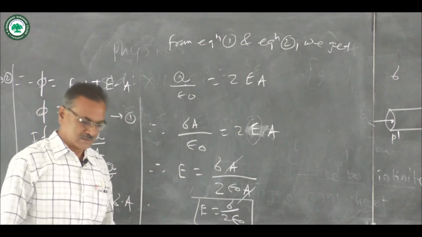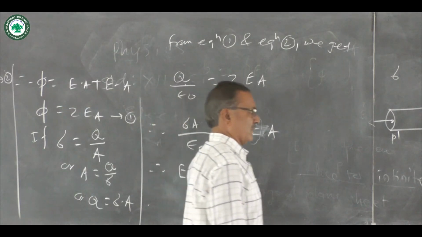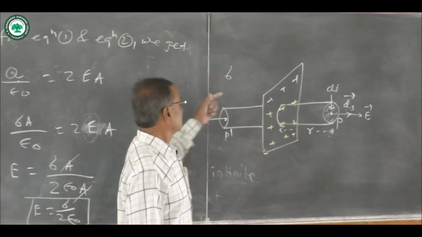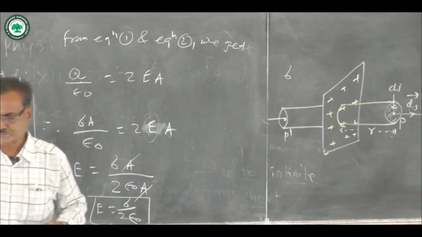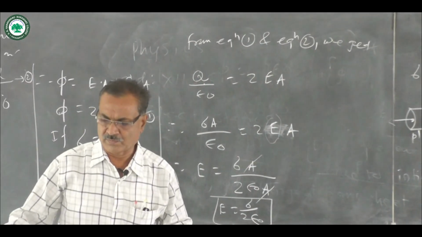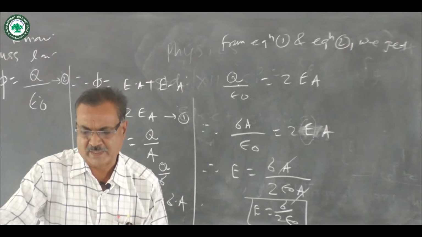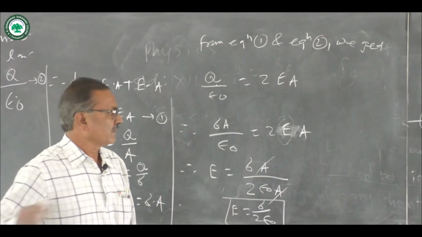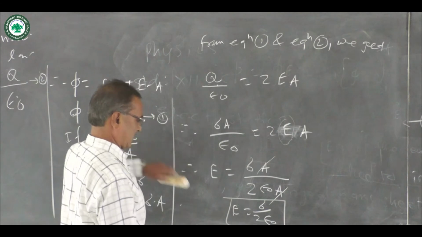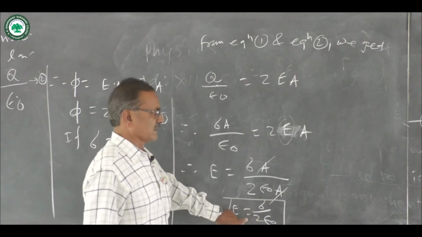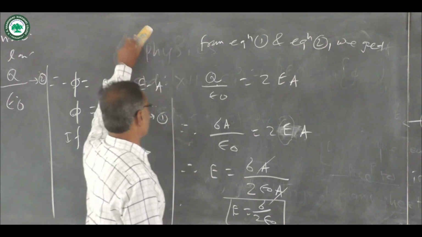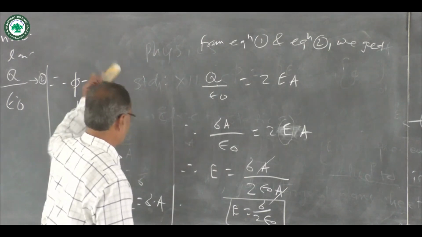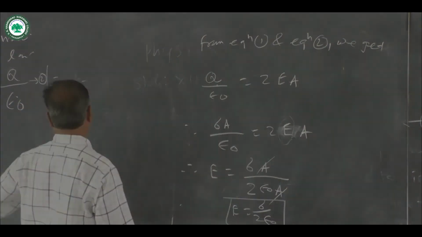Now this is the required equation of electric field intensity of a uniformly thin charged infinite plane sheet. Sigma by twice epsilon naught is the electric intensity at point P due to infinite long charged plane sheet.